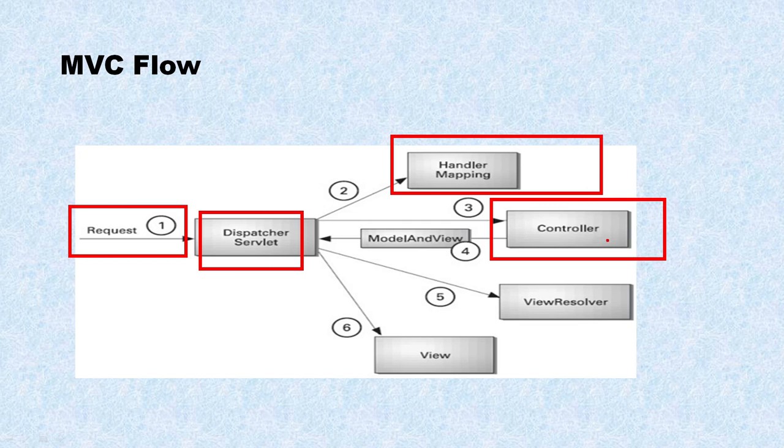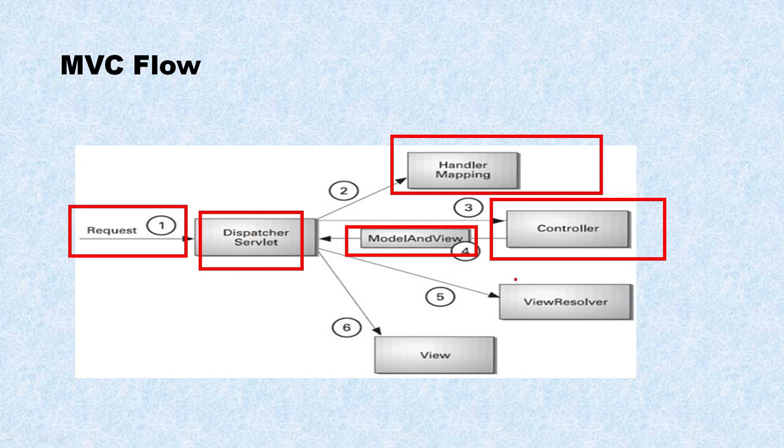And that handler method will send back a model and view object. You have already seen that the model and view object contains the model object, which has to be displayed on the UI, plus the logical view name. Now the dispatcher servlet takes help of the view resolver.